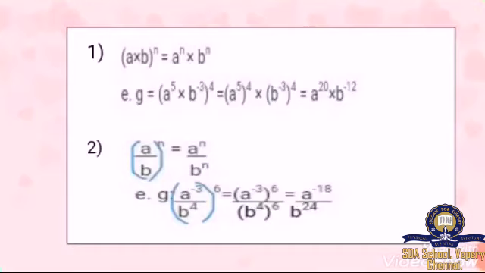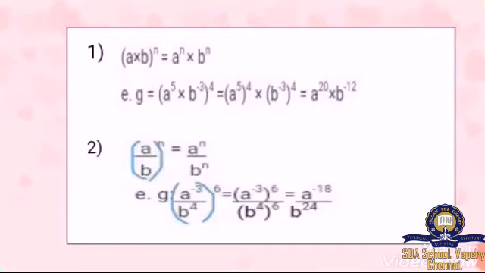Okay. Next we are going to see the second rule. The second rule is: if a divided by b whole is raised to the power n, it is equal to a to the power n divided by b to the power n. Let's see with an example.